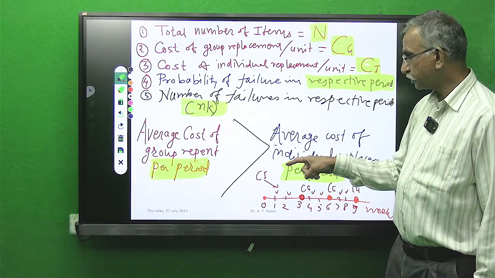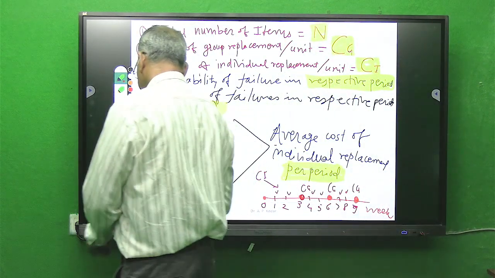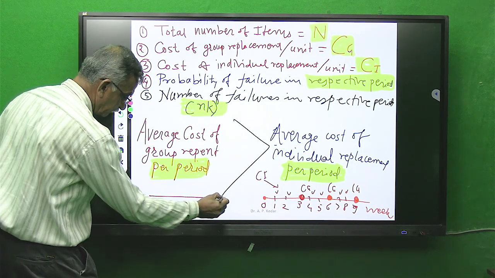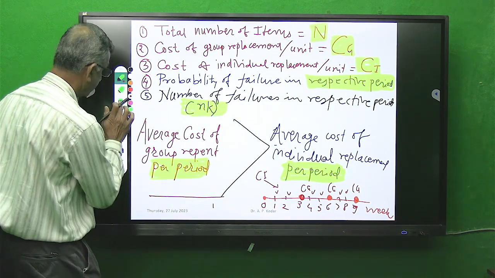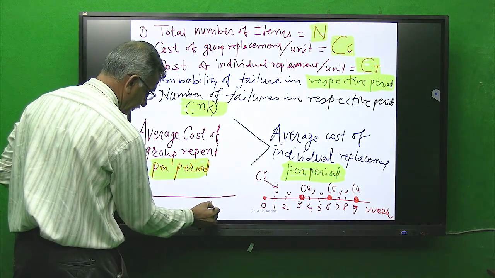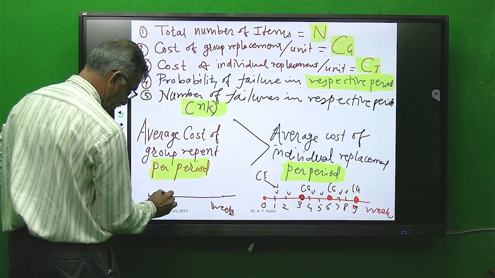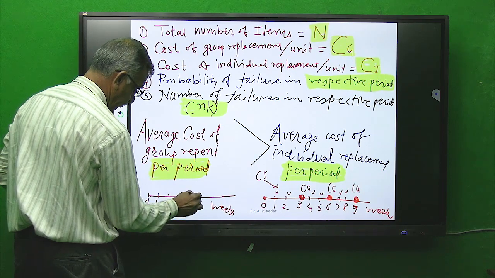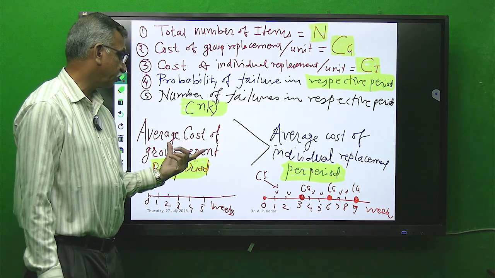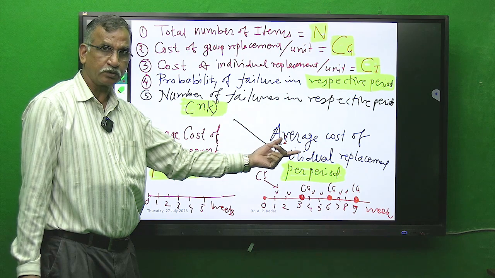But if your answer is to go only for individual replacement, then what will the situation be? Suppose again these are the weeks 0, 1, 2, 3, 4, 5 like that, and your answer is that group replacement cost is greater than individual replacement cost.